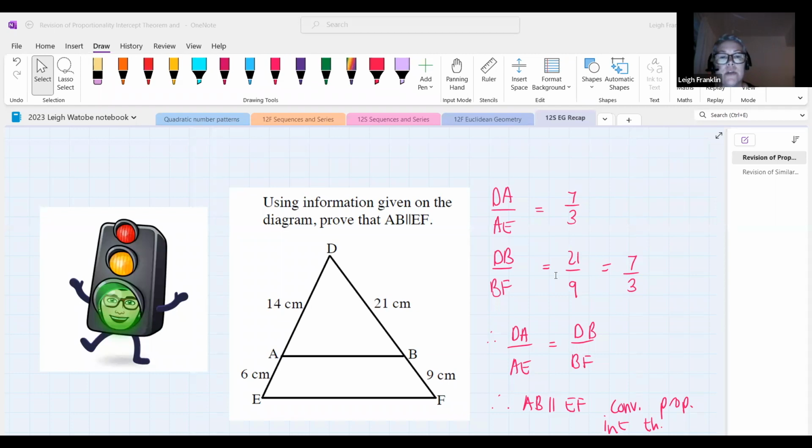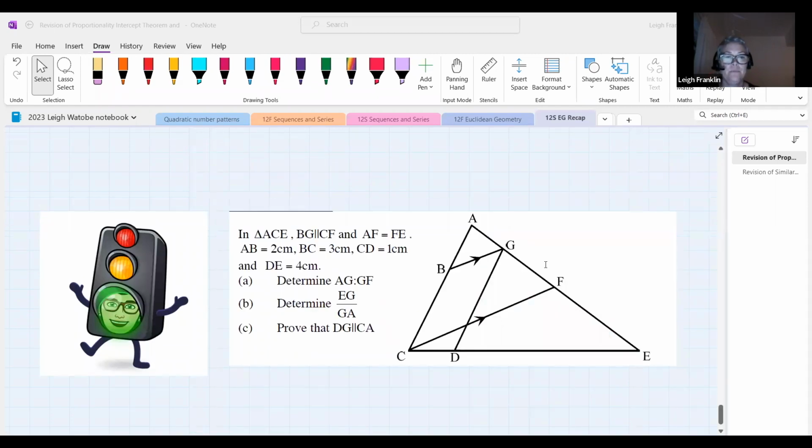Okay, all right, on to the next thing. Okay, so here is a question for you guys to try, based on what we have spoken about this evening. So Koki, what I've done is I've used converse proportionality intercept theorem to prove that lines are parallel. Okay, so now you're going to try the same thing in this particular question.